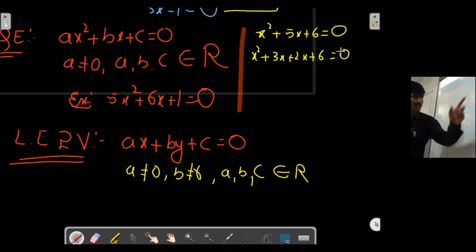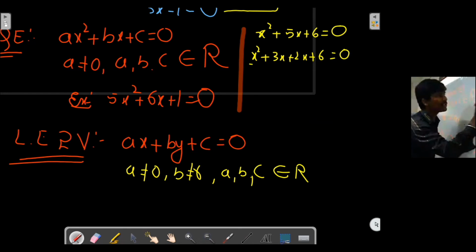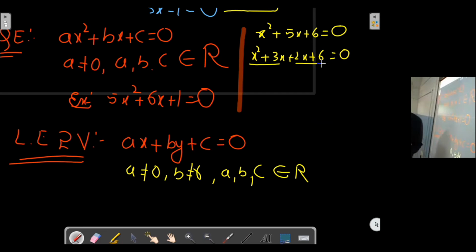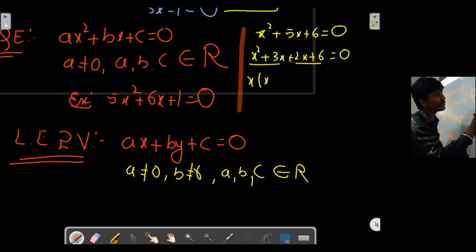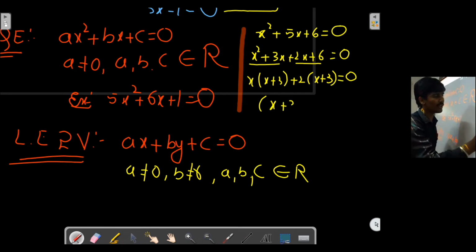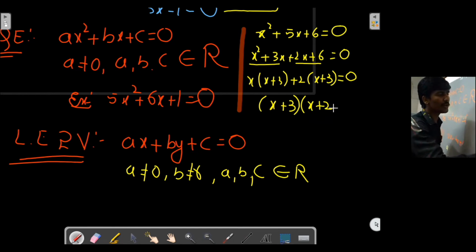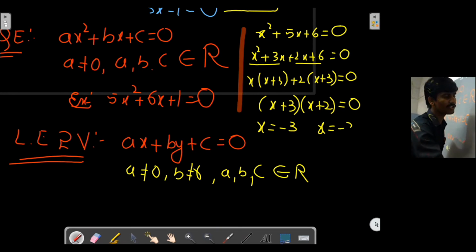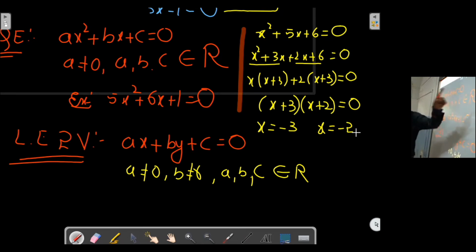Am I right? Because 3x + 2x is 5x, and 3 twos are 6. In this we take x common: x(x + 3), and here we take 2 common: 2(x + 3) = 0. So (x + 3)(x + 2) = 0. Here one answer is x = -3, another answer is x = -2. It means for a quadratic equation, how many solutions exist here? Two solutions.